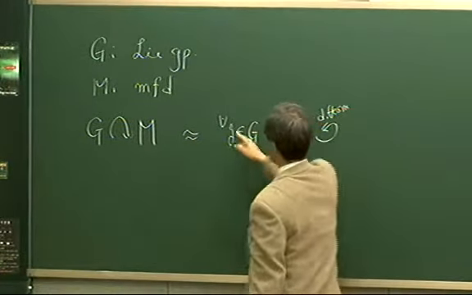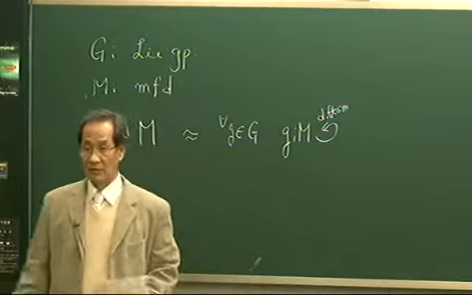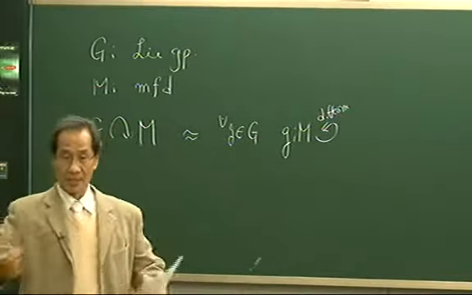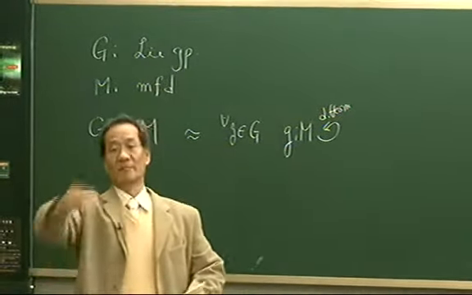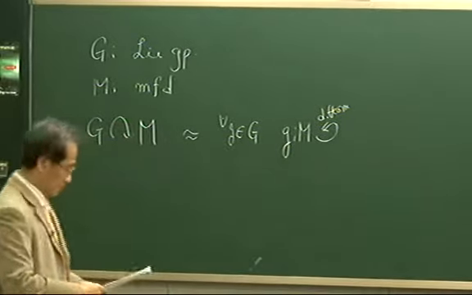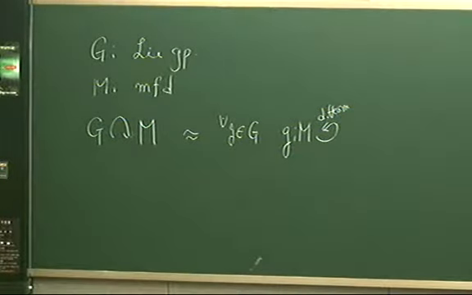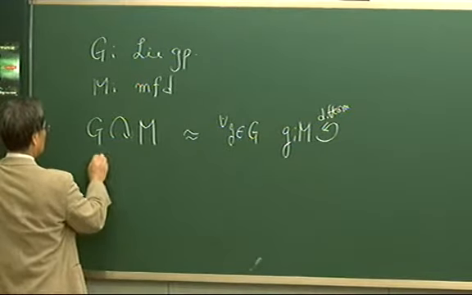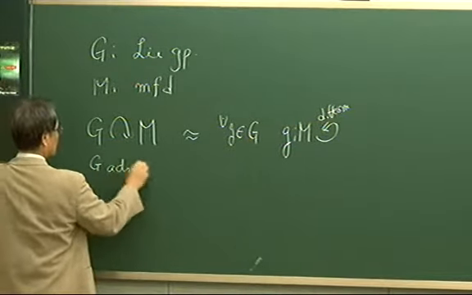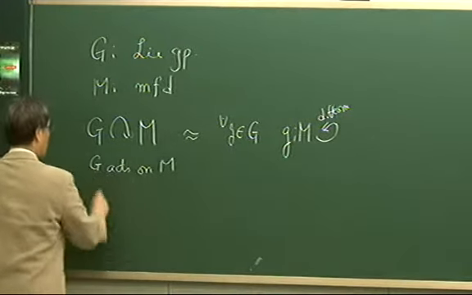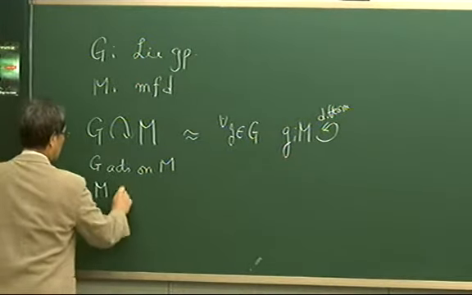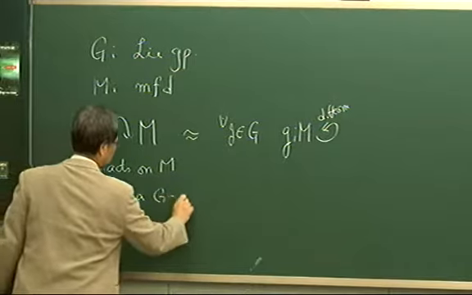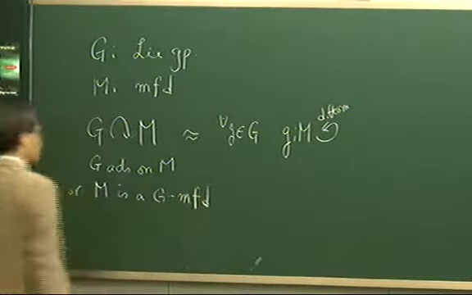So it's a collection of diffeomorphisms, and the multiplication is just a composition of two maps, self-maps into itself. That's a group action. In this case, G acts on M, or M is a G manifold. We say this is a G manifold.